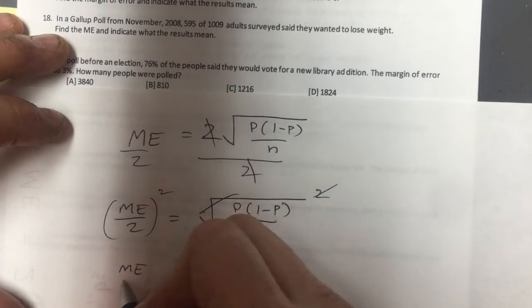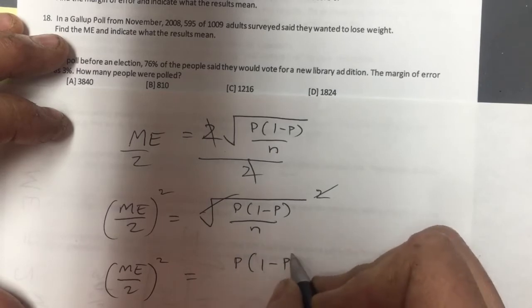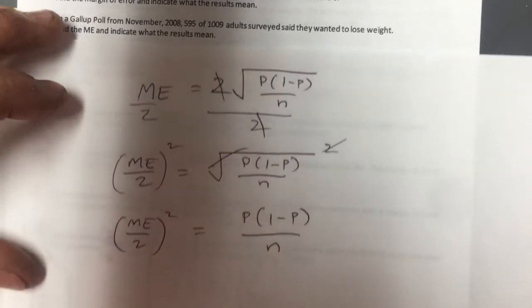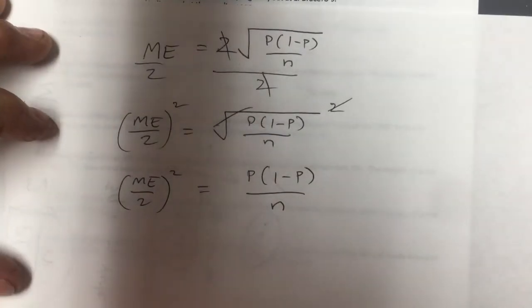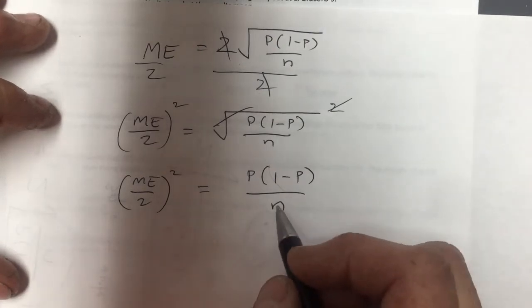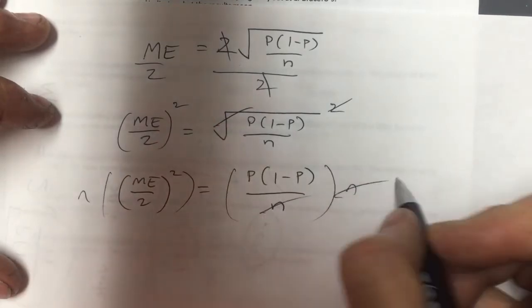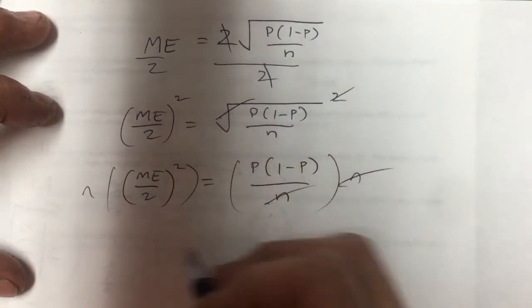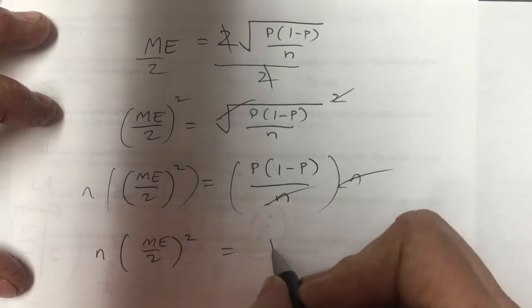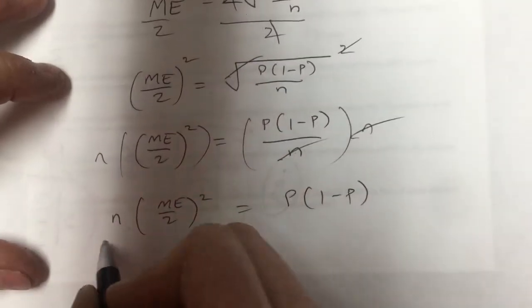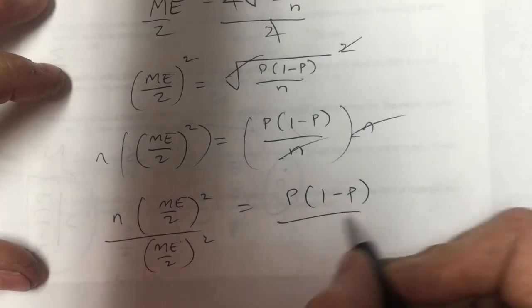So the margin of error divided by 2, squared, equals P times 1 minus P divided by N. Since N is in the denominator, I multiply both sides by N. So N times the margin of error divided by 2 squared equals P times 1 minus P. And one last step, divide both sides by the margin of error divided by 2 squared.